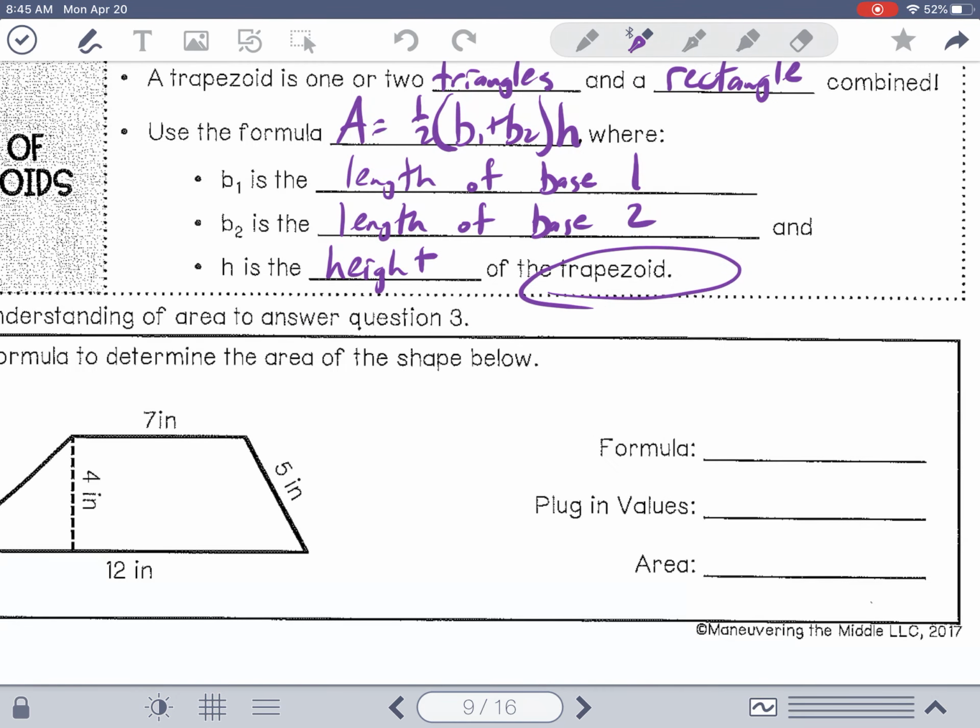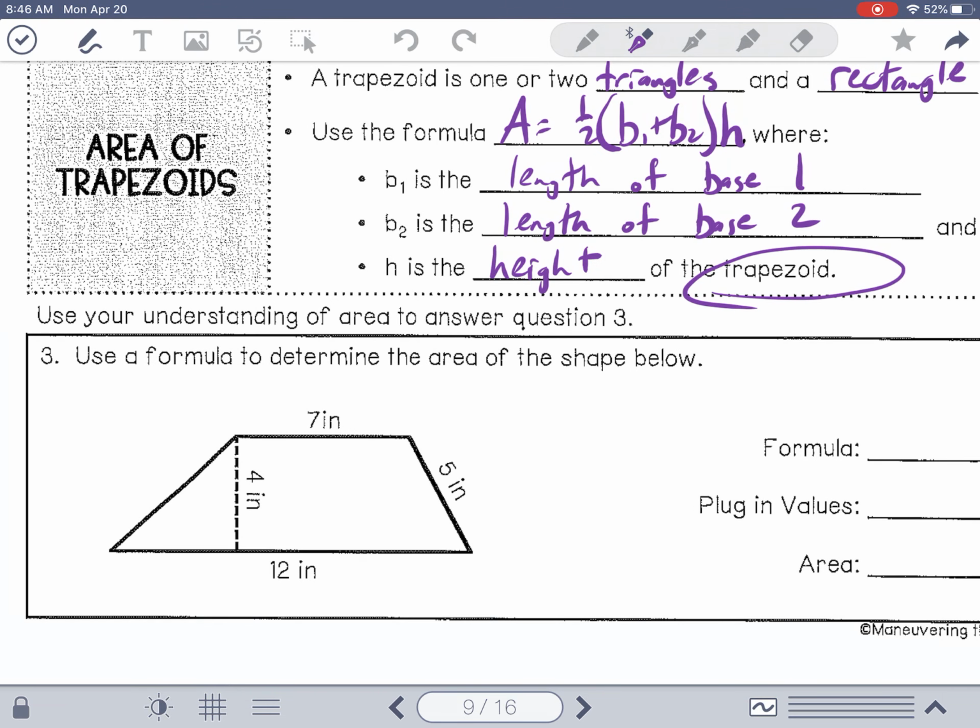Again, they're going to trick you here a little bit because we've got the bases. Let's look at our bases. We've got this base and then this base. They are parallel to one another. So you've got base 1 and base 2. Does it matter which one is base 1 and base 2? No, it does not.